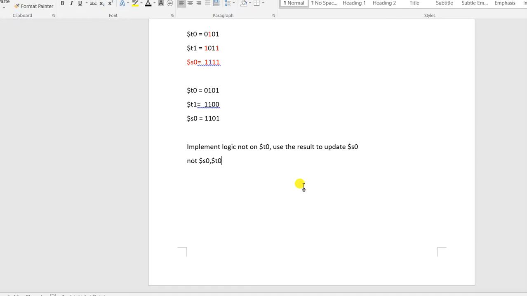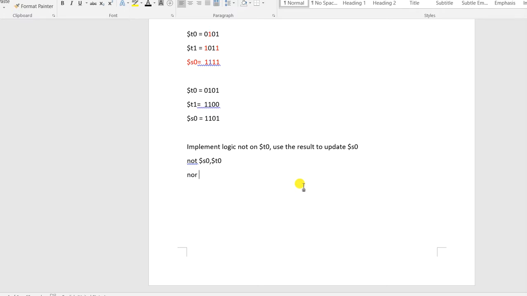If I directly use NOT as the instruction, I only have one source operand, so it's difficult to represent this NOT logic using the standard R format, which requires two source operands. This is the original motivation for why we use NOR instead of NOT.